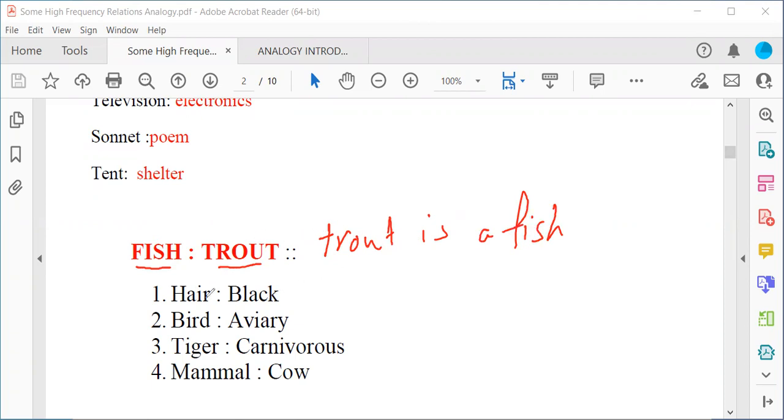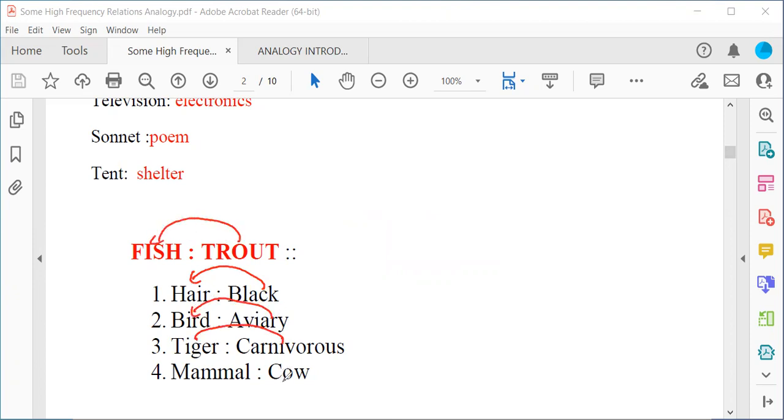Let's go over all the choices and see if they make sense with this sentence. Hare is a type of black. Doesn't make sense. Bird is a type of ivory. Doesn't make sense. Sorry, we have to go backward here because we start from trout.